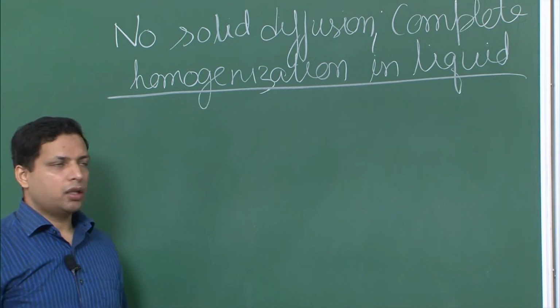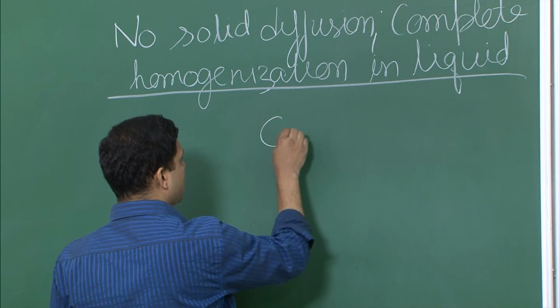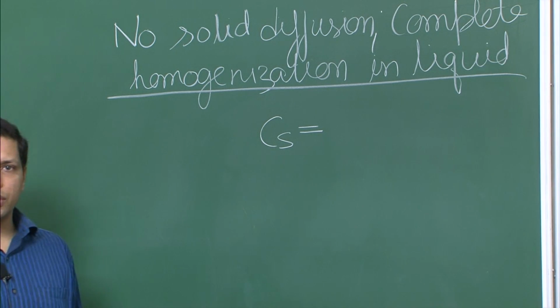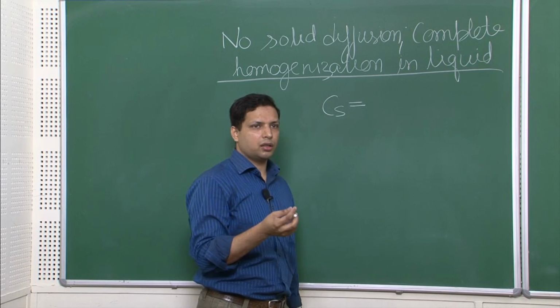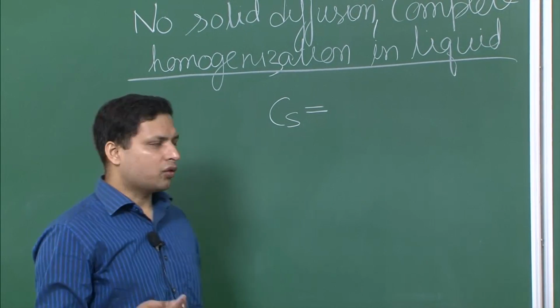And we derived an equation for this condition, which is called Scheil's equation, which gives us the concentration of solid as a function of distance. Remember, we are talking about single crystals and one directional objects. So, you can think of a rod or bar where we are growing single crystals.